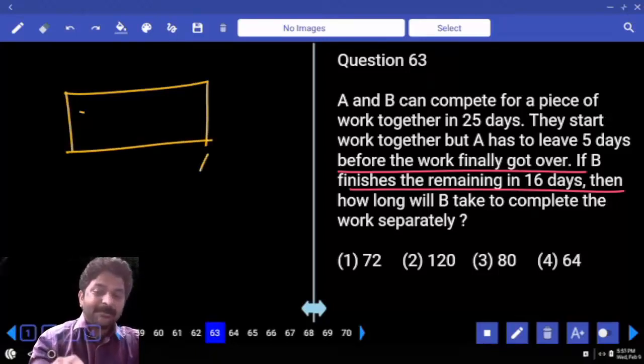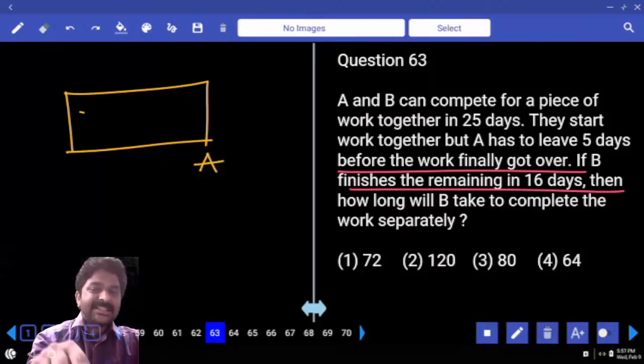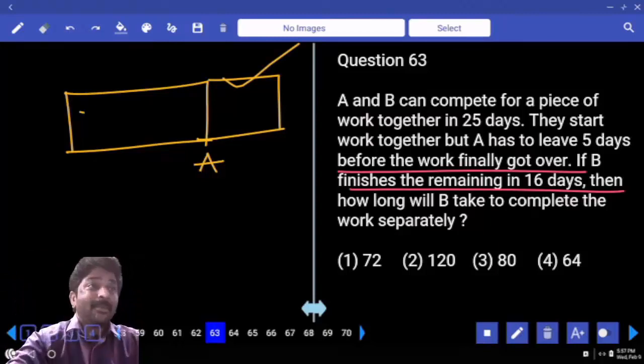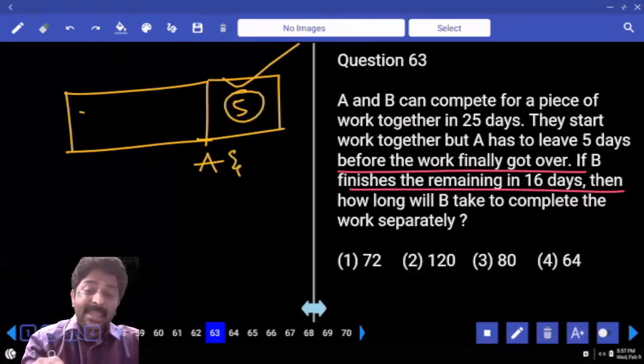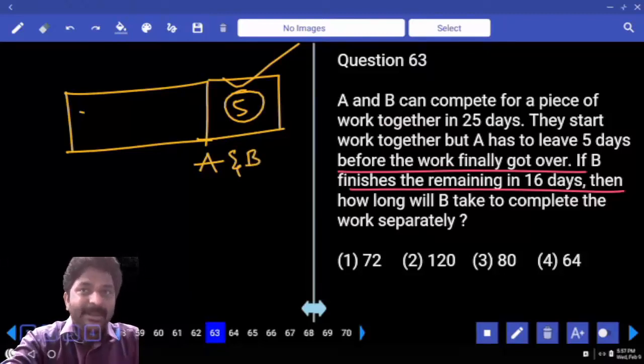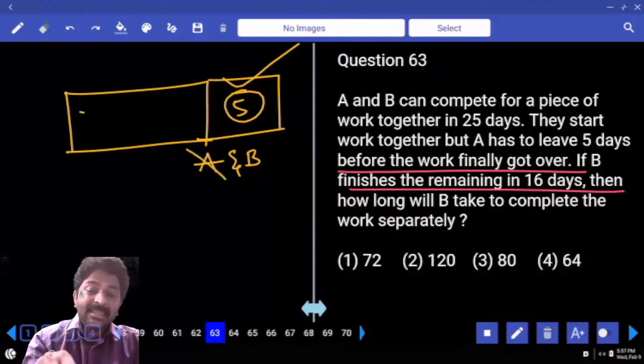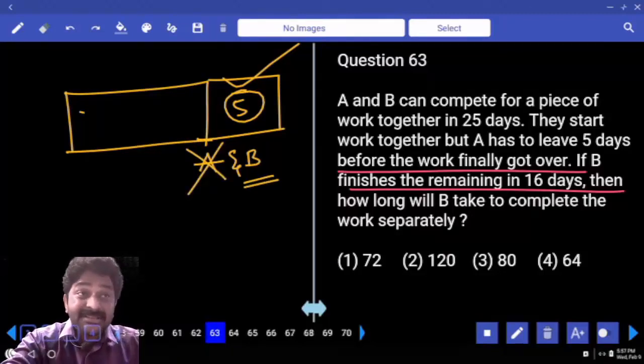At this particular place, A is going to leave. If A is still there, A and B together can fill the total work in how many more days? So these 5 days, both A and B, both supposed to complete. Am I right? At this point, what happened? A left. So remaining work is done by B in how many more days?